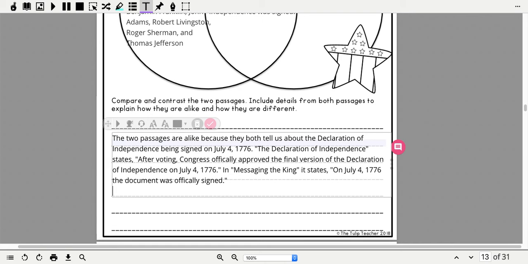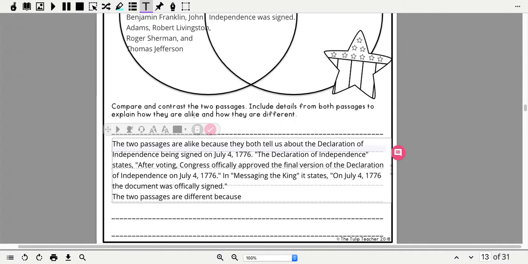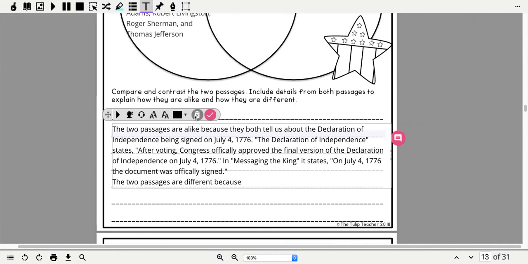Now I'm going to go to another line to tell how they are different. The two passages are different because, and now this is where I'm using these outside parts of the Venn diagram.